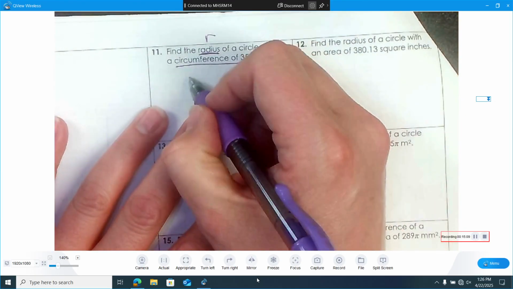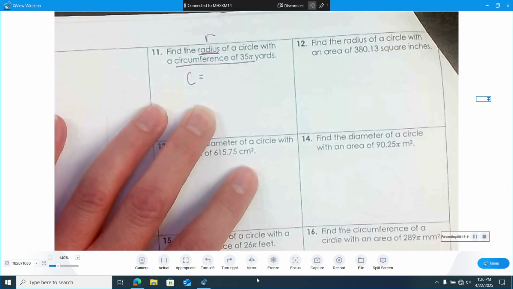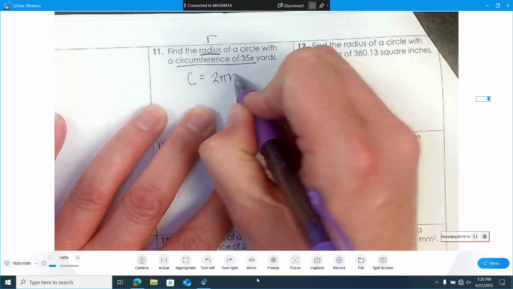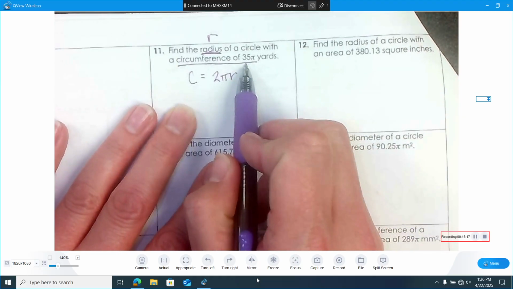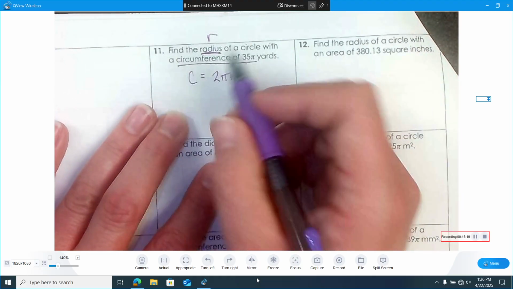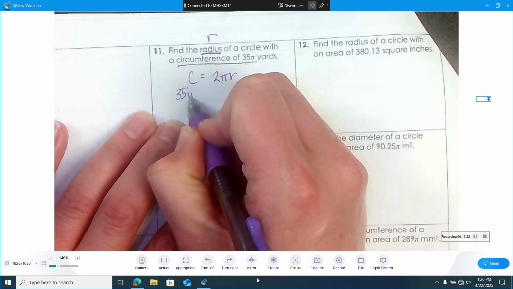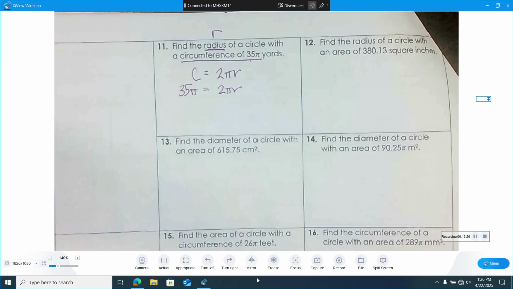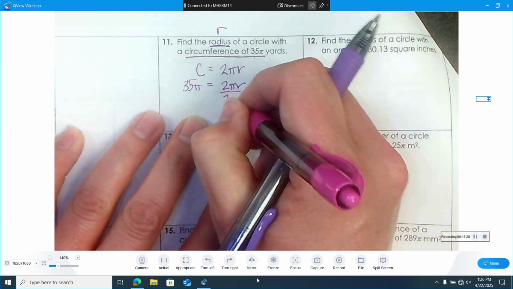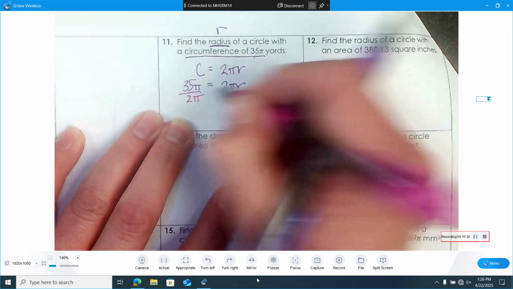C equals 2 pi r. And where do we put the 35 pi? In place of circumference. All right, so 35 pi equals 2 pi r. How do you get r by itself? Divide by 2 pi.